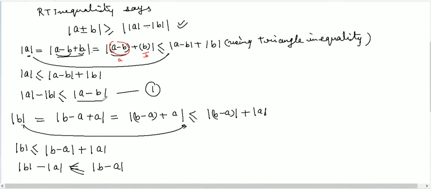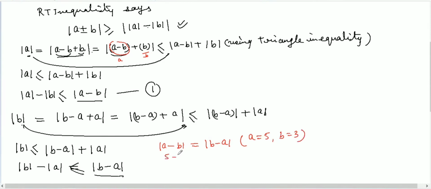Now see here: absolute value of A minus B, and here absolute value of B minus A. So absolute value of A minus B will be equal to absolute value of B minus A. Check with this: let A equal 5 and B equal 3.